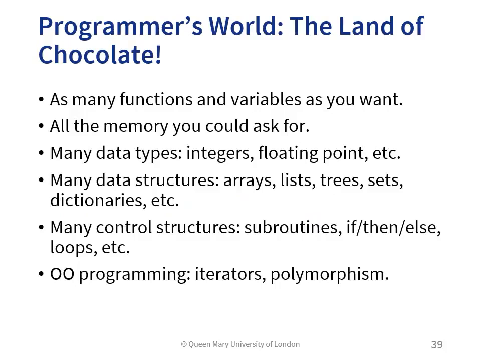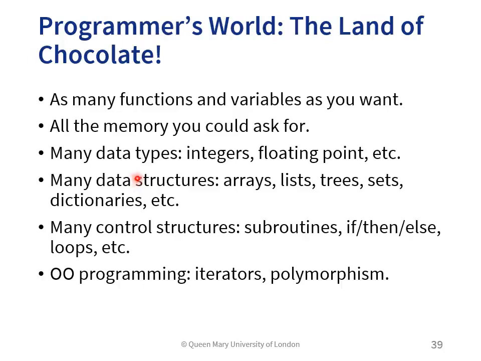When we first learn about programming, we have entered the land of chocolate. We can write as many functions, as many variables as we want. In other words, we can have as much memory as we can ask for. We can create loads of arrays, loads of data types.